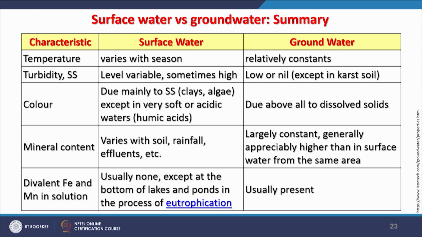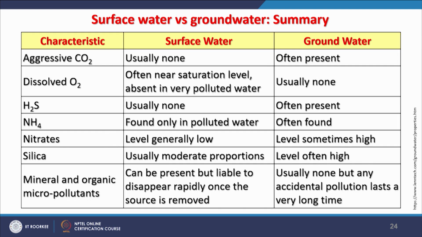And divalent iron and magnesium are rich. Usually none in surface water, except at the bottom of lakes or ponds, but usually it is present in case of groundwater.